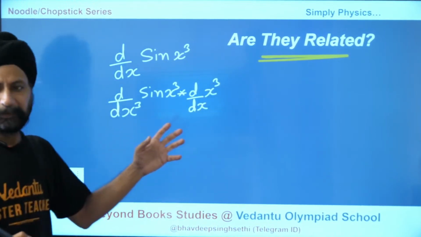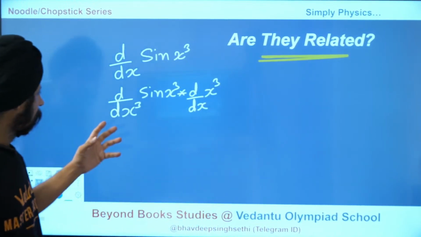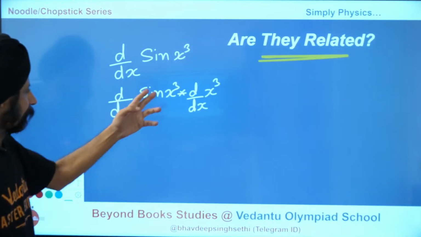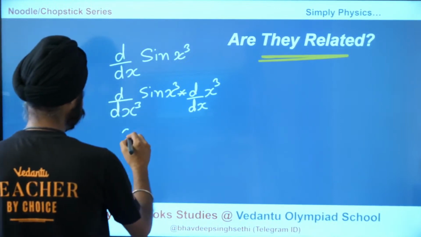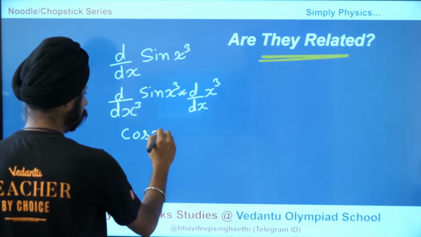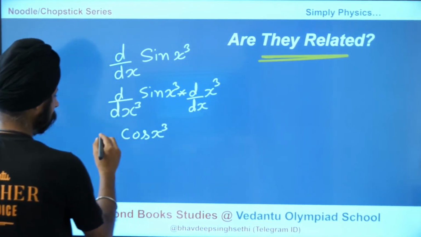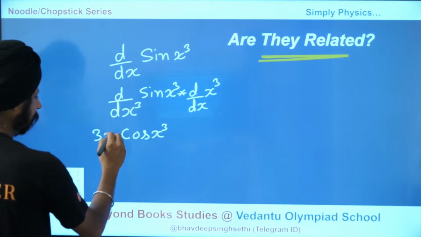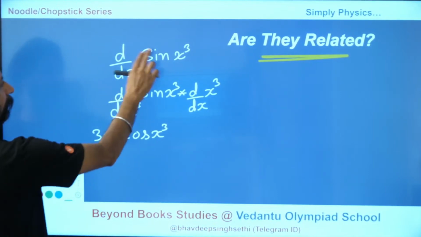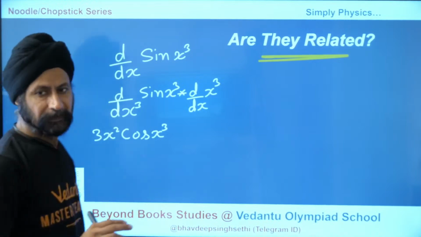Now, this gives me cos x cubed, and this gives me 3x squared. So I can write it here, 3x squared. So d by dx of this is this.